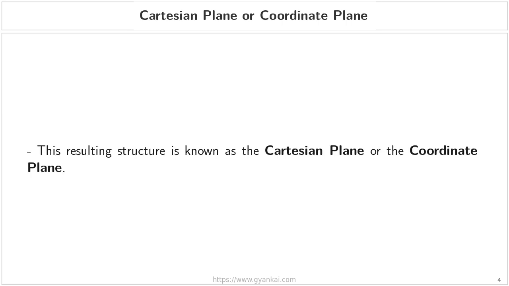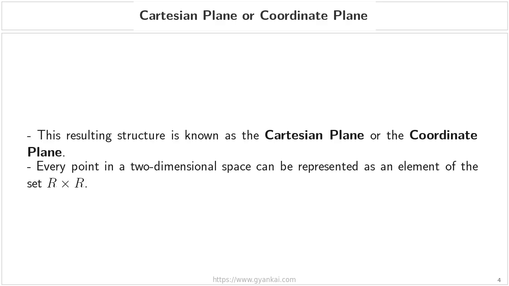Cartesian plane or coordinate plane. Now that we have seen how combining the x-axis and the y-axis allows us to pinpoint any specific location, we can give this entire structure a formal name. This resulting structure is known as the Cartesian plane, or sometimes the coordinate plane. It is important to realize that we aren't just talking about a few random points.